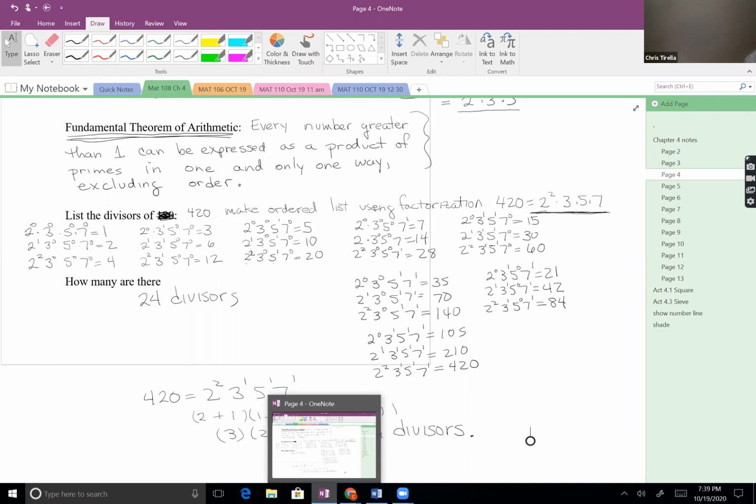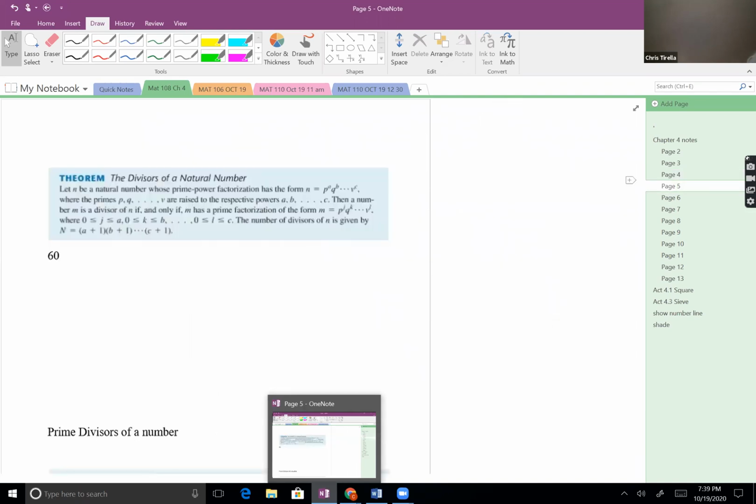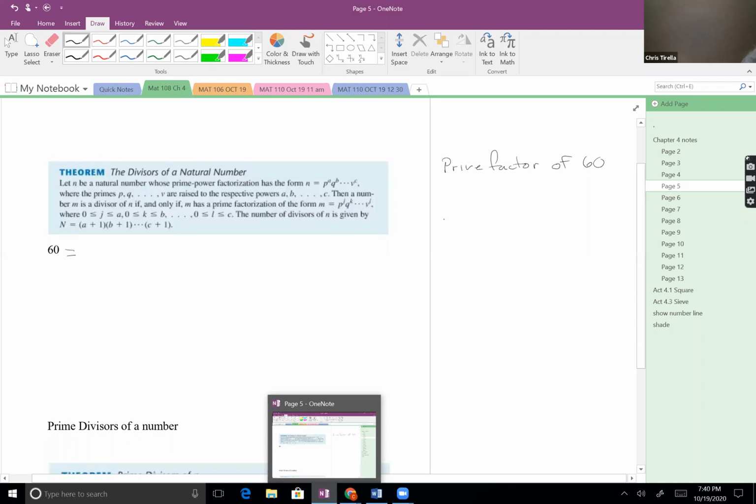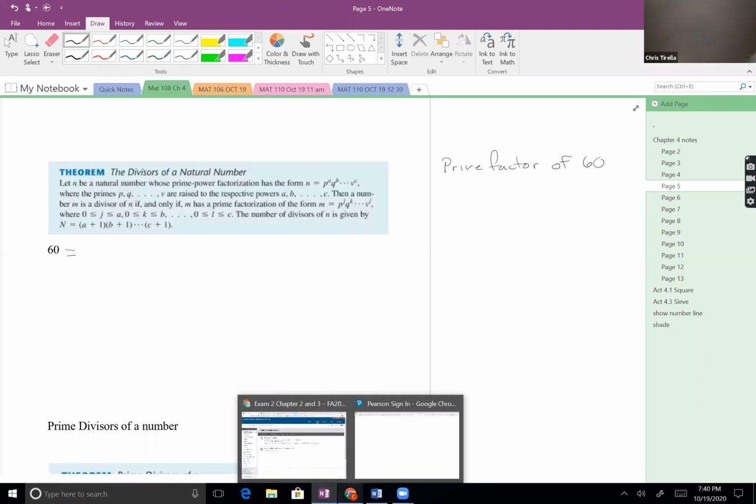So let's look at the same idea again, but with a smaller number this time. Let's look at 60. Looking for the prime factorization of 60, can everybody take a minute, please, and make either the factor tree or the short division to get me the prime factors of 60?